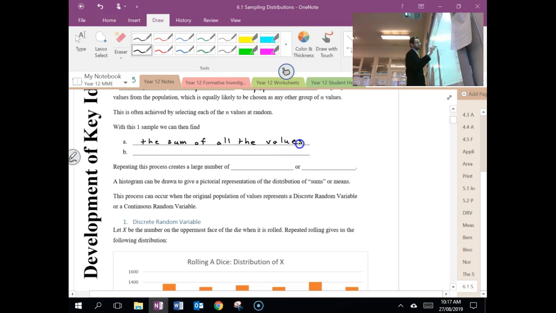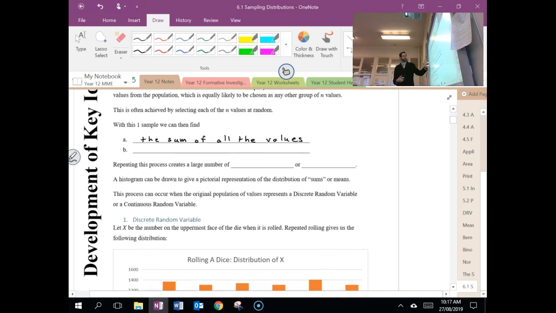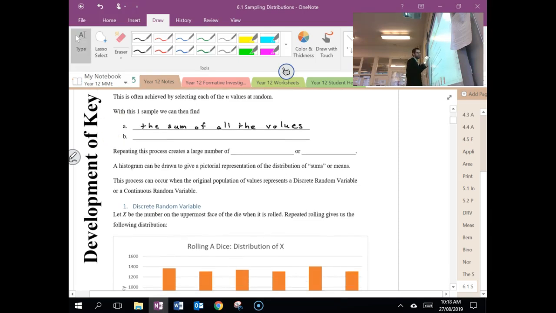So, say if I'm measuring your heights, then with my sample, I can find the heights of each 5 of you and then add them up. Or, I can find the mean of the values, which is actually quite similar. I just add up all the values and divide them by how many I've got.